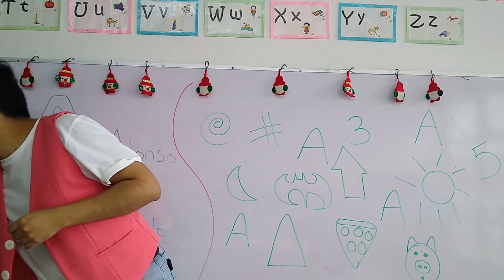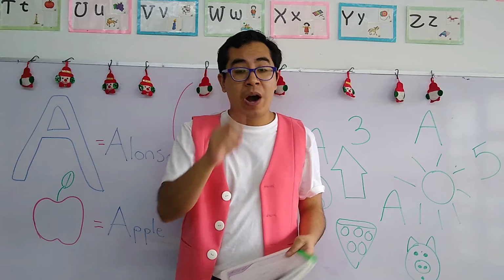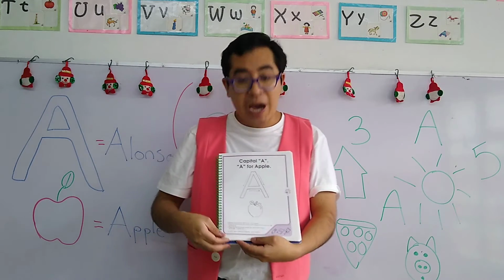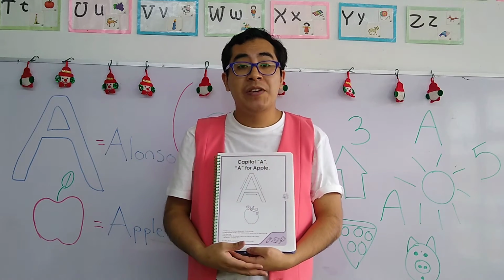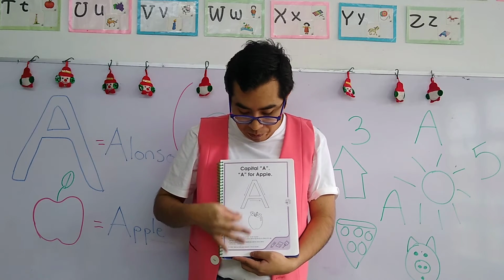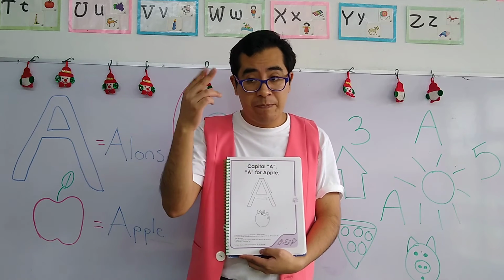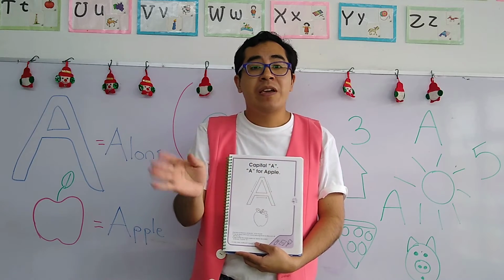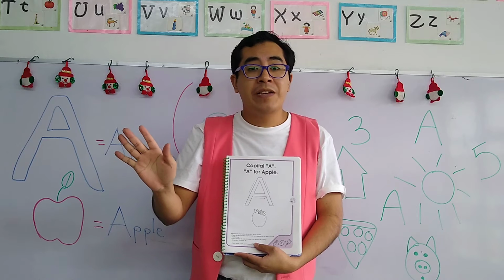I'm very happy. Now, the activity of the day, it's only one, and it's right here. For this activity, with the help of mother or father, con ayuda de los papás, you are going to cut pieces of paper and you are going to put it right here on the capital A. Cut pieces of paper, doesn't matter the color, doesn't matter if it's crepe paper, normal paper, any type of paper.